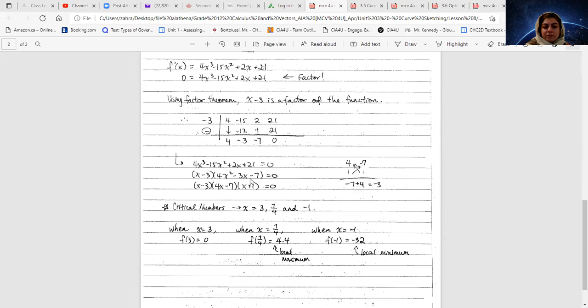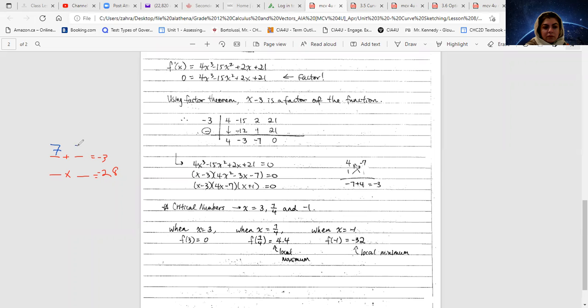So this one is the quadratic. Again, I write that in factor form. You need to find two numbers whose addition is -3 and multiplication is -28. So from guessing these two numbers, what are these two numbers?